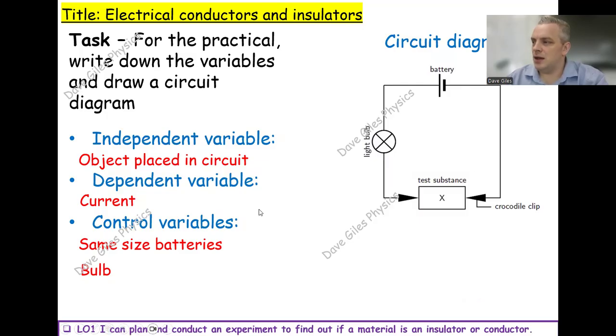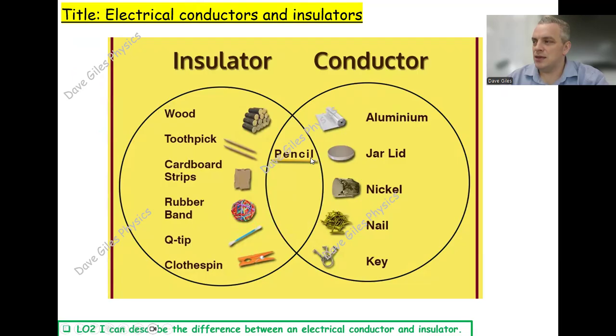If you place them so it's touching the wood part, then it will be an insulator. However, if you sharpen both ends, so you've got what used to be called lead, it's not lead, it's graphite, in the pencil, and you place the crocodile clips on there, you'll find it is a conductor.